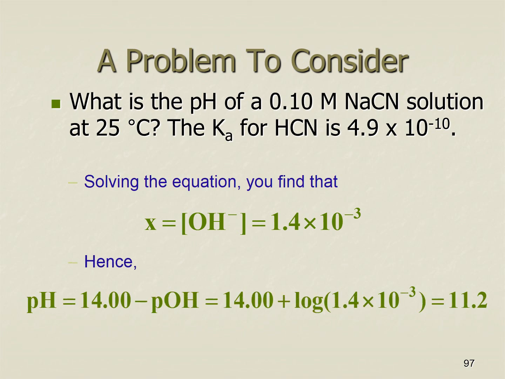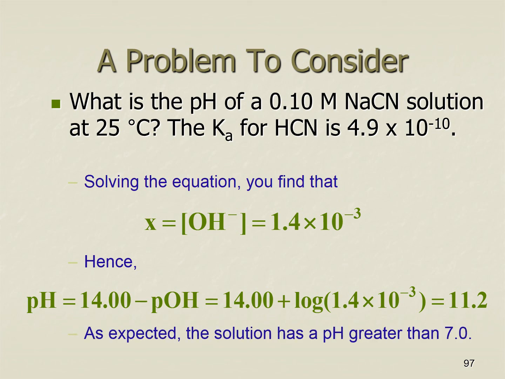And so the pOH is 2.85, or 2.8. If you subtract 2.8 from 14, you get 11.2. So the pH of this solution is 11.2, which is basic, just like we expected it to be.